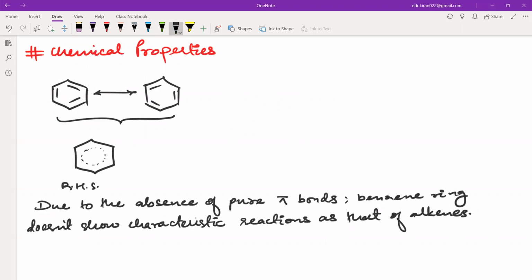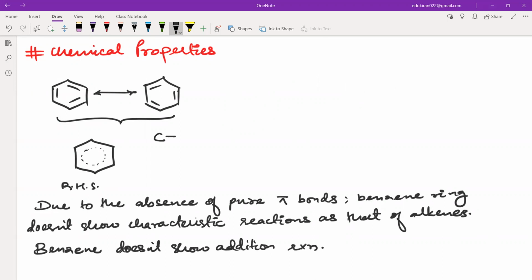So benzene doesn't show addition reaction. And addition reaction is a characteristic reaction if a pi bond is available, but here we don't have any pure pi bond.